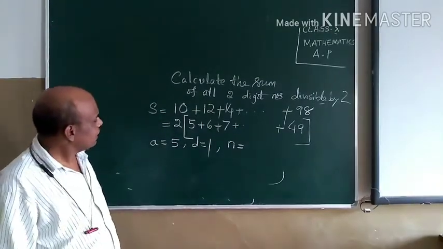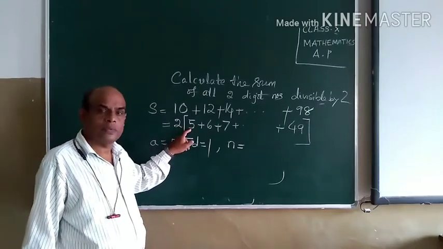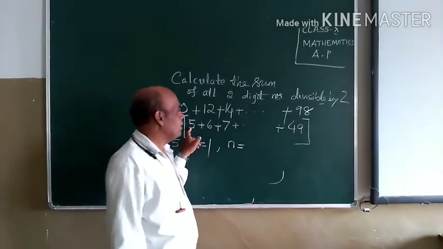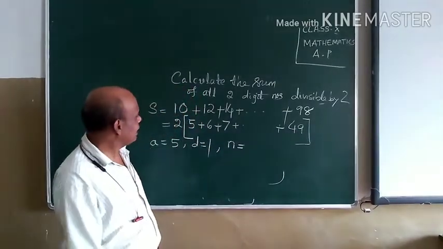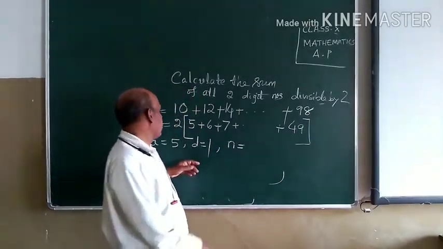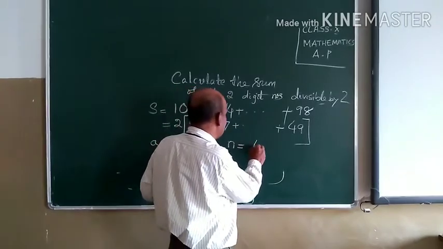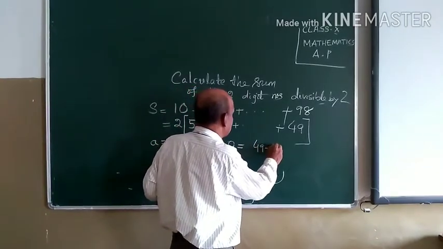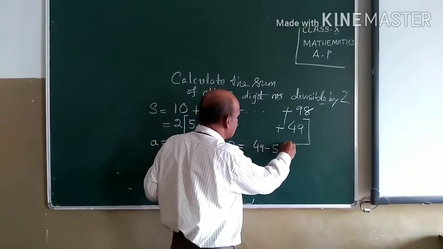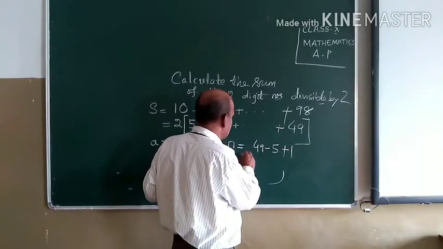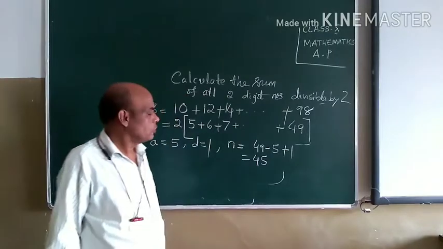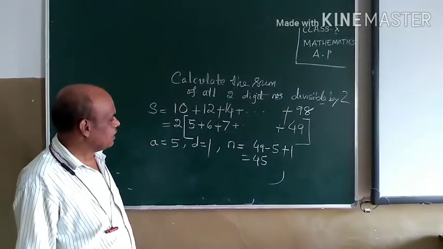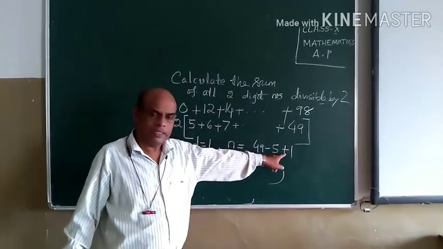Now you see, starting from 5 and ending with 49, how many terms are there? We can say the number of terms is 49 minus 5 plus 1, which means 45 terms. Suppose a doubt arises, why is 1 added?